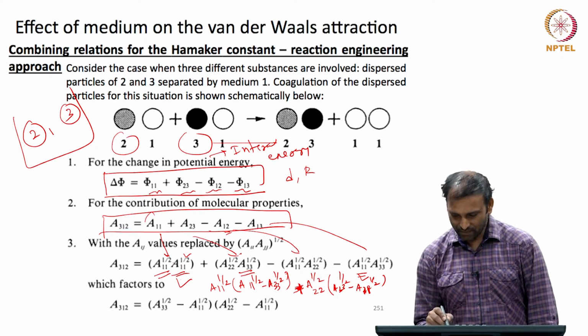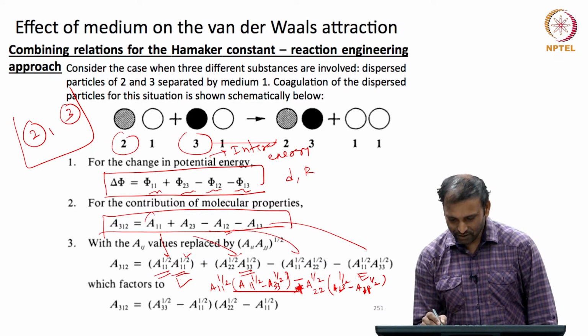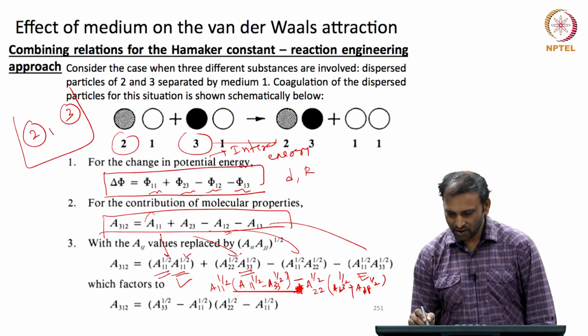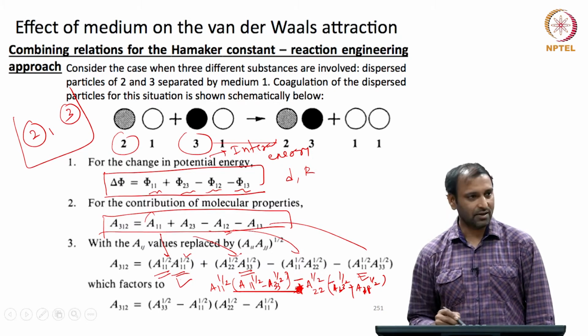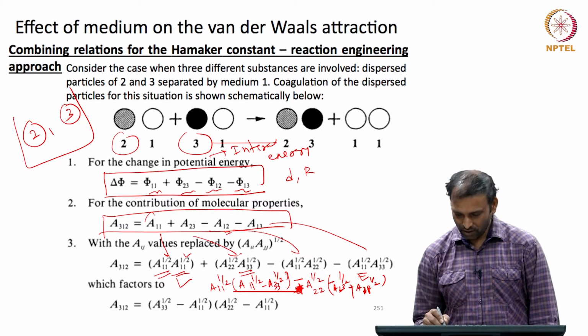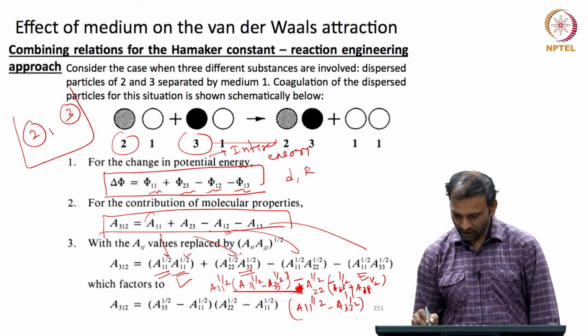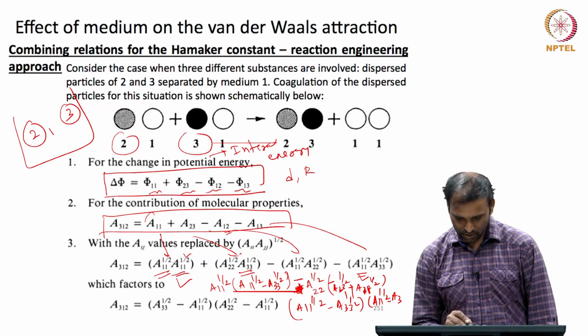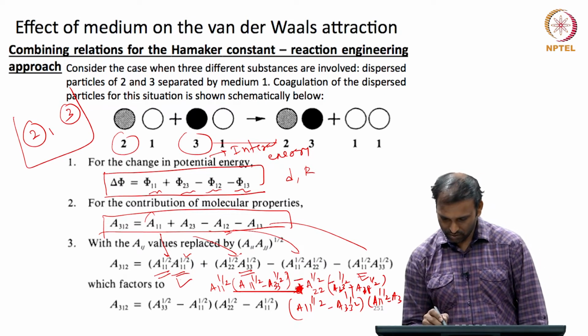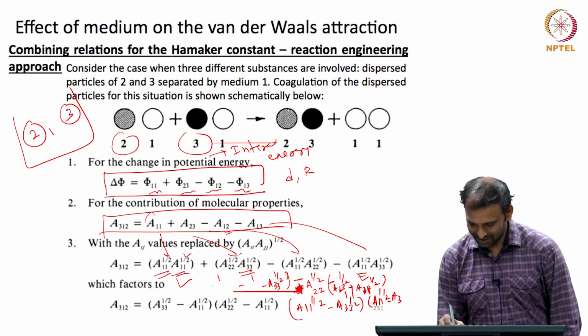If I have taken minus here, then what I would have had is plus A11 to the half minus A33 to the half. Oh okay, let me do it again. Let us do it again.